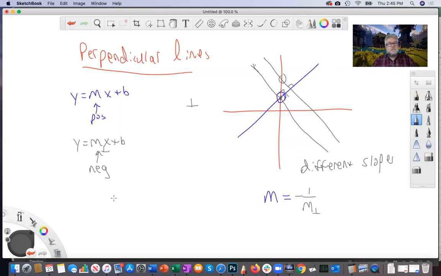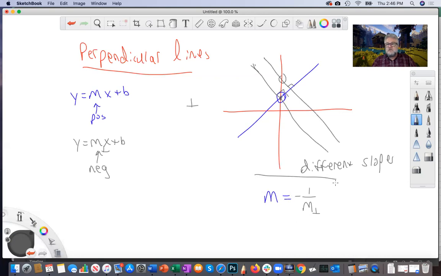perpendicular. Let me get a little space. There we go. So they're related very specifically. One of them's positive, the other's negative. If this one's 2, then the other one's going to be -1/2 or something. It's going to be different, but it's going to be related to this.